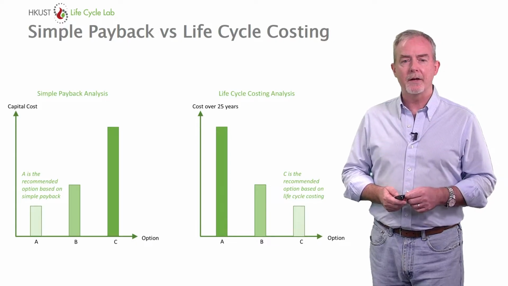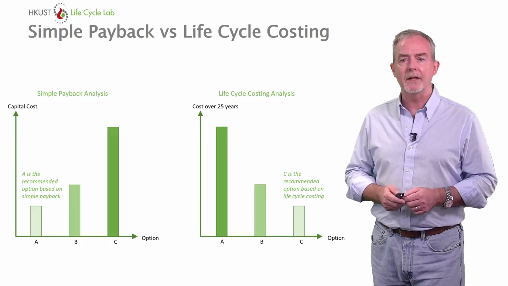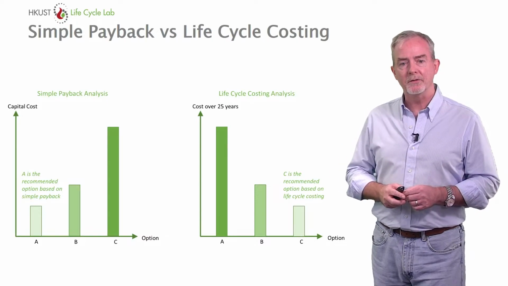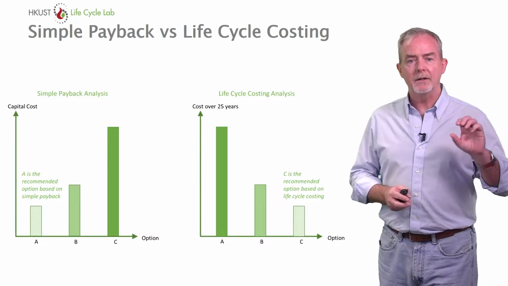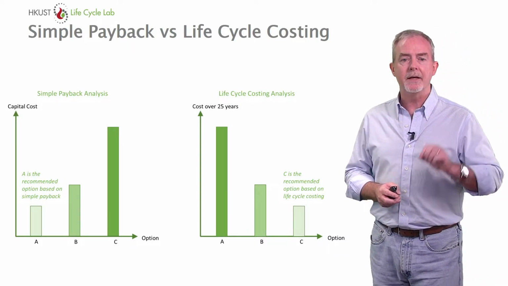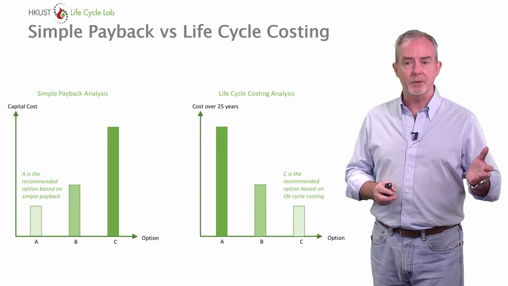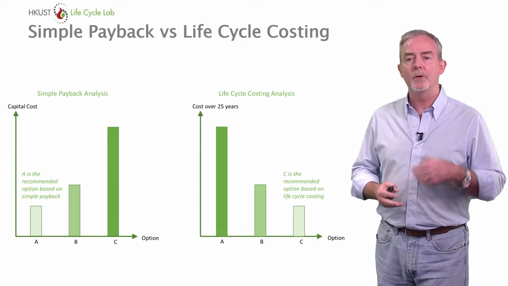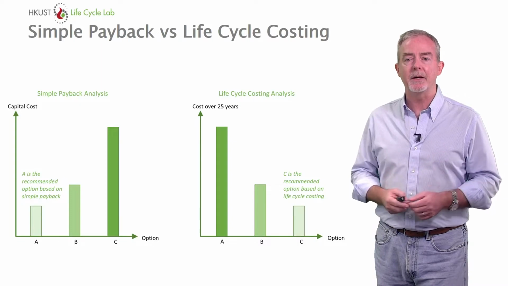In this case, we have three different products that we'd like to purchase, and now we need to decide which one is going to make the most sense. If you look at simply the capital cost, then it's very clear that option A is the best choice. It's cheaper than all the rest. In fact, it's cheaper by far. And so we might say, well, option A, let's buy that.